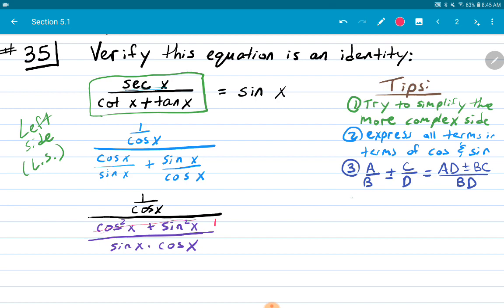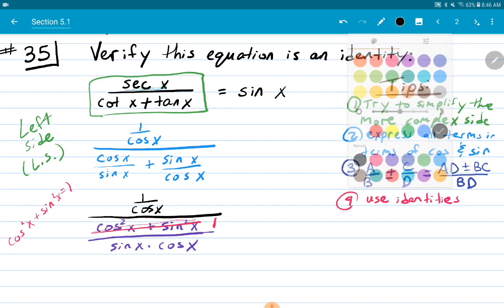So that is using the Pythagorean identity. So our tip there is to use identities, and our example here is specifically the Pythagorean theorem. So this thing turns into 1, which makes this much simpler.